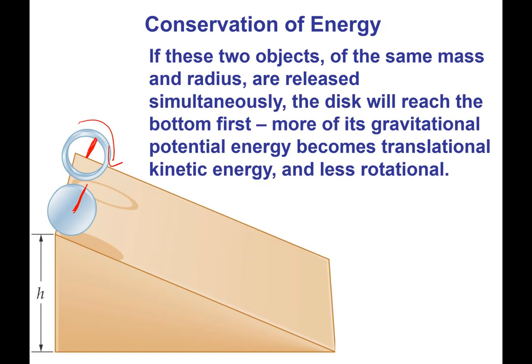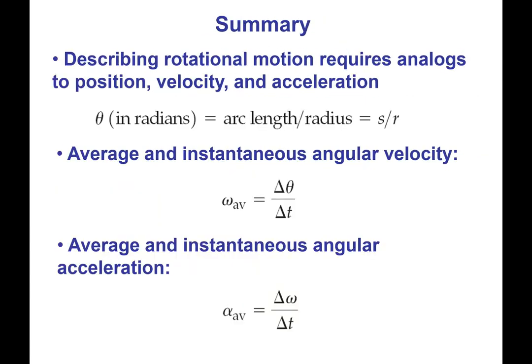They do like asking about hoops and disks. But pretty much it's just an overall summary. Describing rotational motion requires knowing how your rotational and linear quantities interact. You have a few equations. This one is not on the formula chart, but it's basically your basic version of your linear equations.